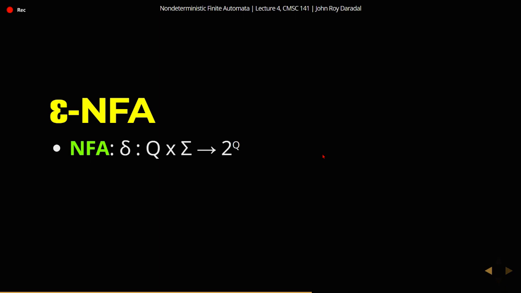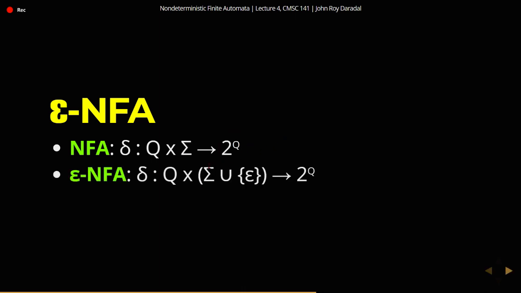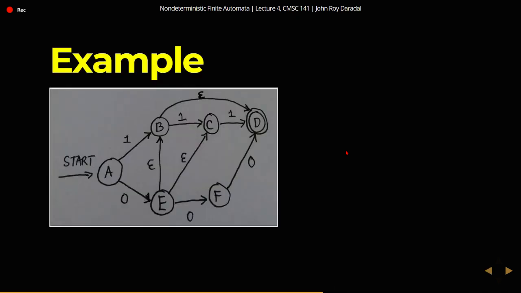In the NFA, we map the set of states Q and the set of input symbols sigma to the power set 2^Q. In the epsilon NFA, the only difference is that we map Q and sigma together with the empty string. So we just add the empty string together with the input symbols, and we still map that to the power set. So it's still a set of states, possibly empty.